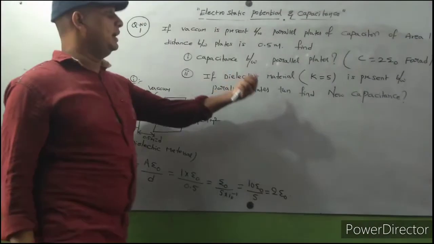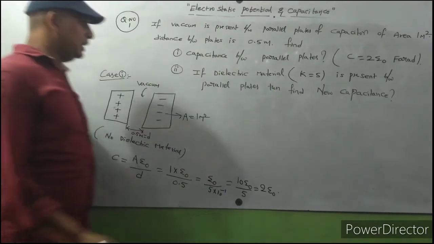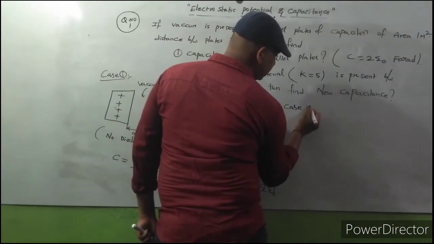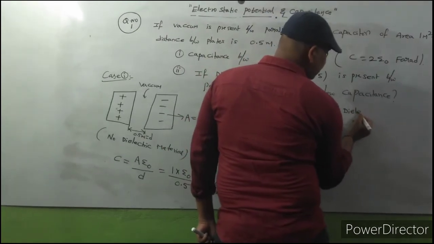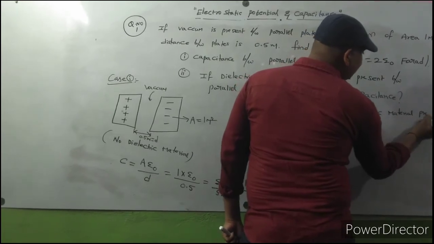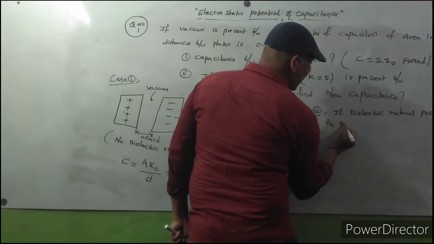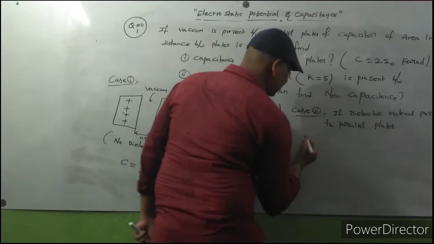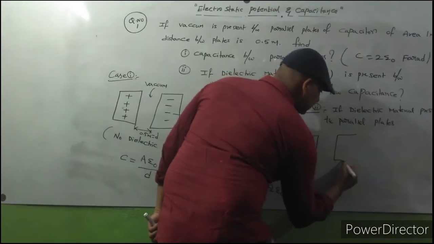Next, if a dielectric material with K equal to 5 is present between the parallel plates, what is the new capacitance? Now what is the diagram? Case 2 diagram: if the dielectric material is present between the parallel plates, here is one plate and here is another plate.